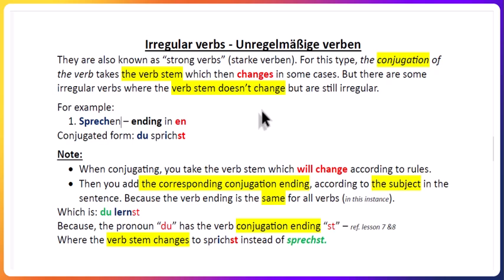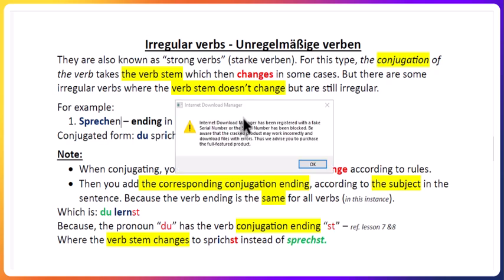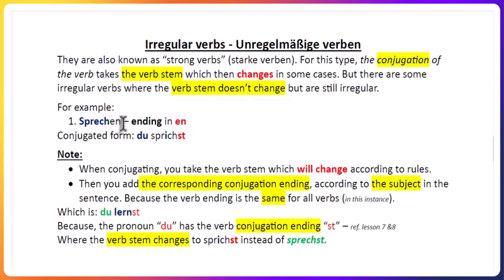I'll do more research and find out if you can know from the onset which verbs are regular or irregular. But for now I don't have any shortcuts for irregular verbs.